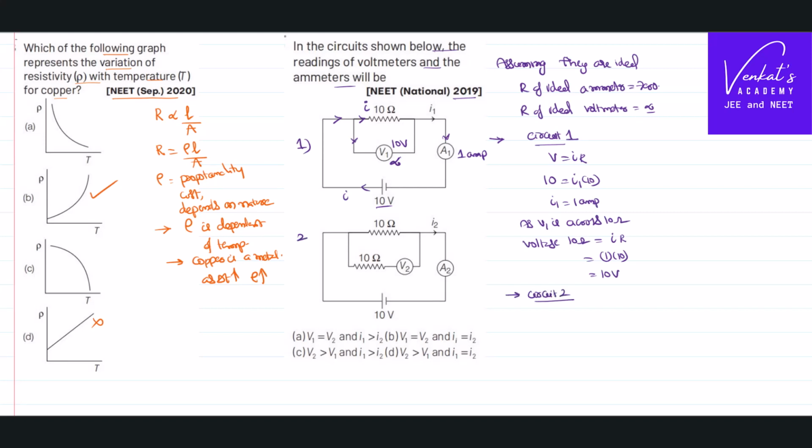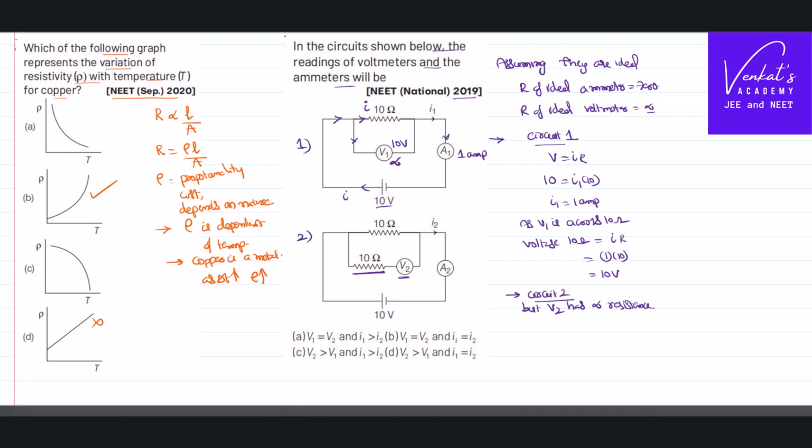This is our second circuit. In the second circuit, we do see an extra 10 ohms connected to this V2, but V2, being a voltmeter, has infinite resistance. So, adding a 10 ohms still gives only infinite resistance. So, this lower branch together has an infinite resistance.